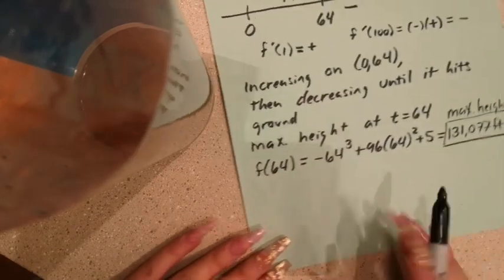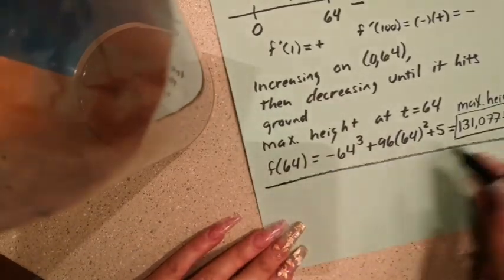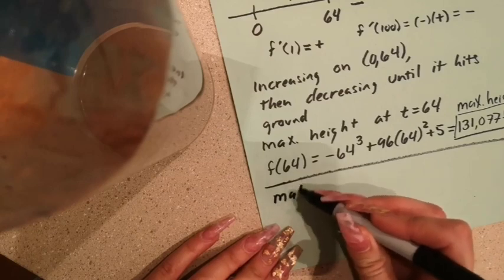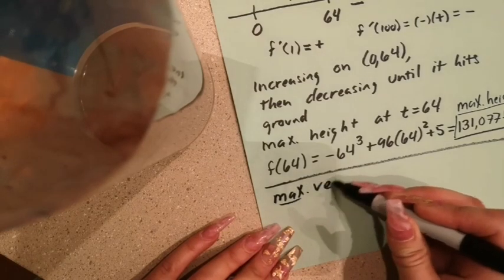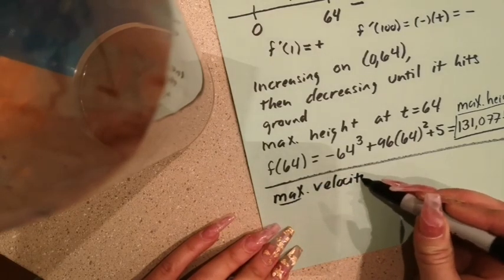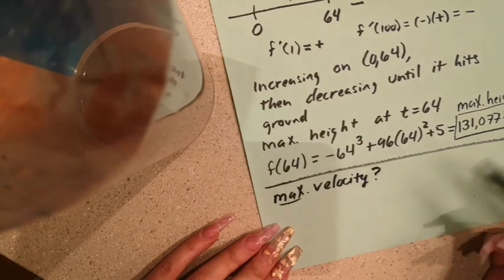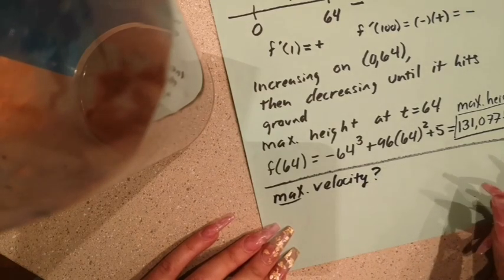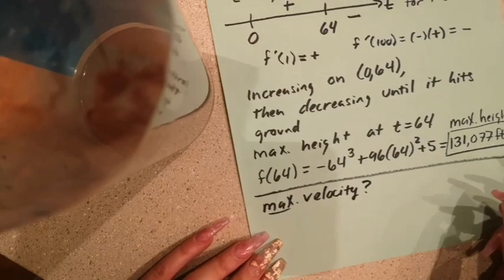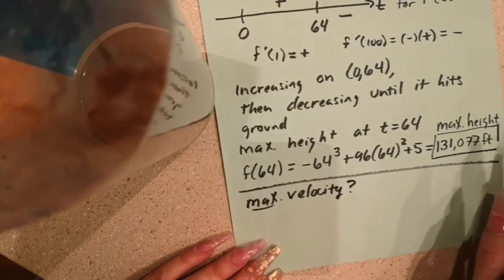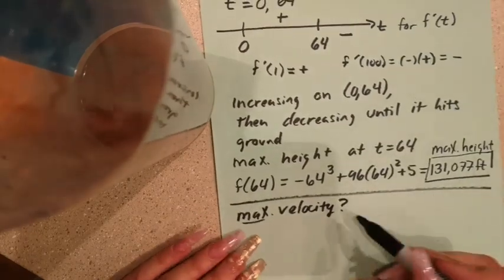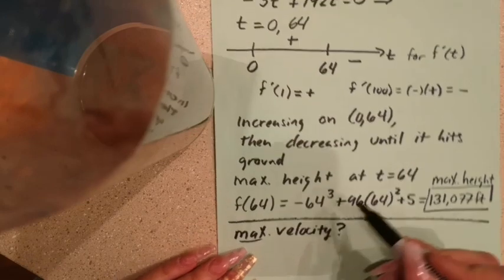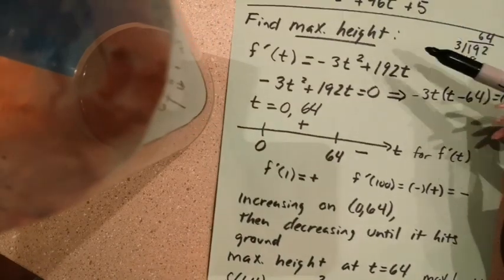So what about one more part to this one? For the same rocket, let's ask what is the max velocity? So if I'm looking at the velocity, I'm looking at the first derivative.